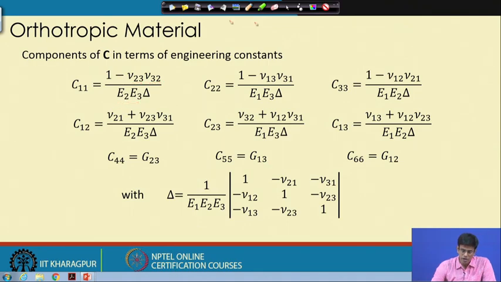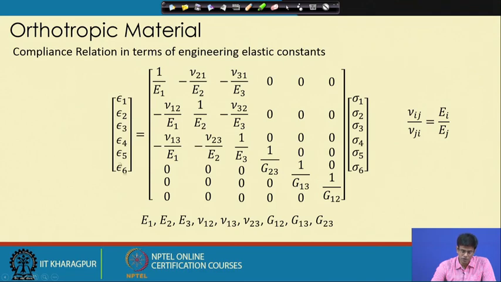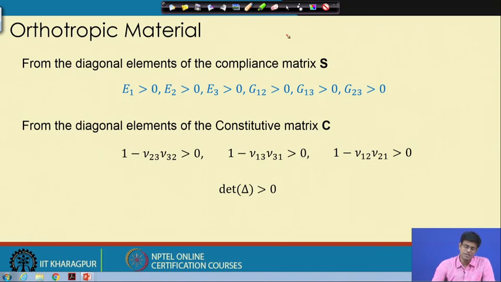Similar to that, we can write the compliance relation also in terms of engineering constants, which are these. Now, we know there are 9 independent constants, so this is the orthotropic material. With this in mind, let us derive the restrictions on the engineering constants.